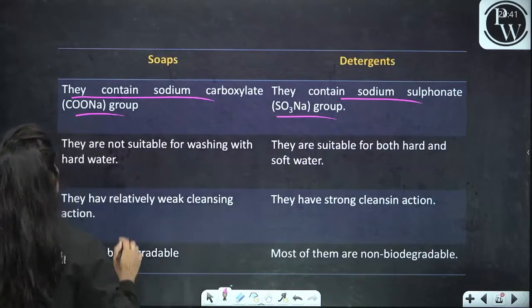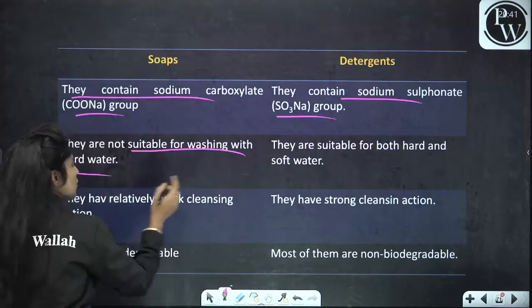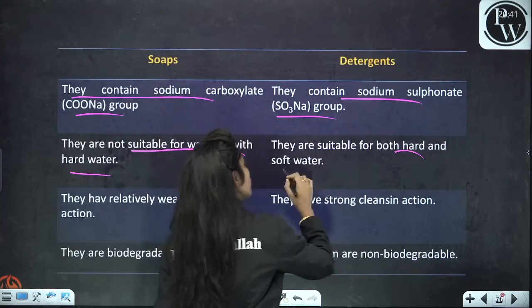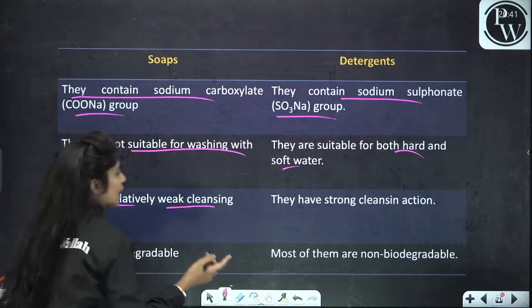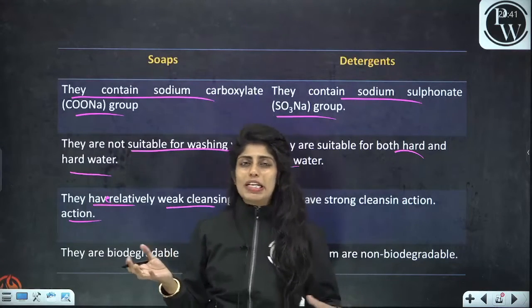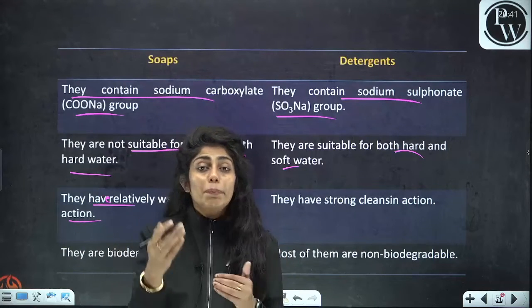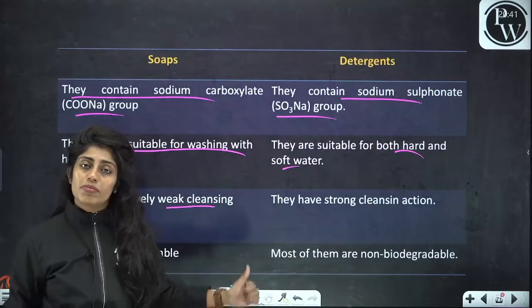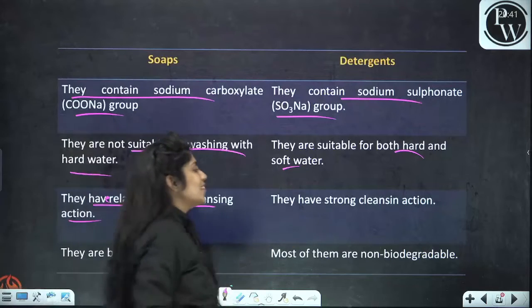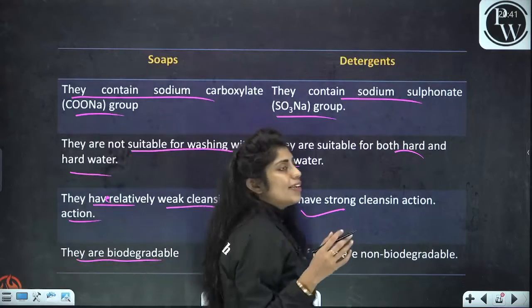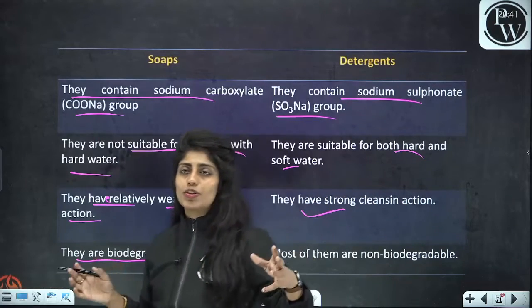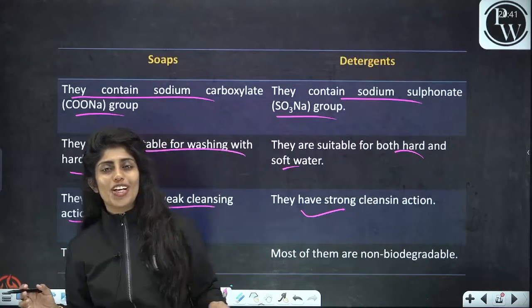Soaps are not suitable for washing with the hard water. Detergents are suitable for both hard and soft. Soaps have relatively weak cleansing action, because, my dear students, they depend on the nature of water. Soap action is weak, detergent action is strong. Now soaps are biodegradable. Whenever you see many good parts, remember the coin has always two faces.